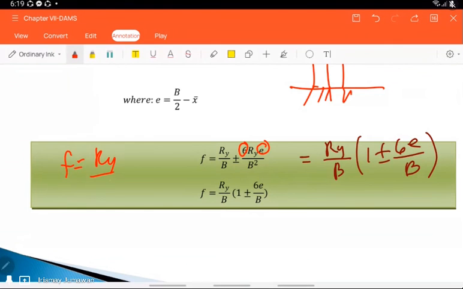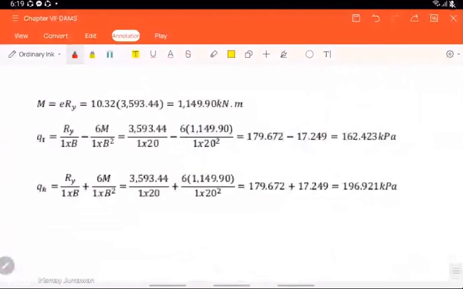So you have Ry over P plus and minus 6M. Okay, so that is the formula.